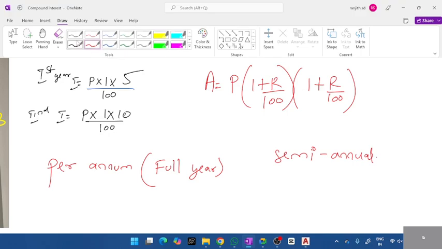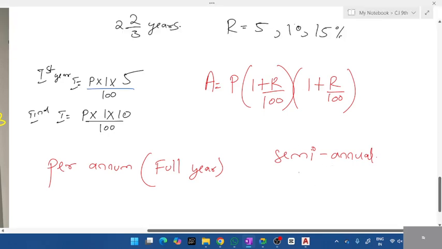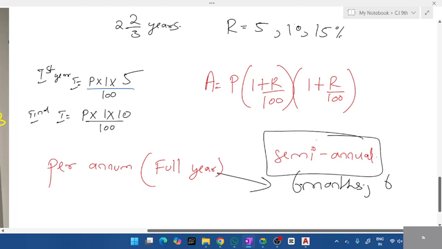So what do you mean by semi-annual? It is only 6 months. How many half years do we have in a full year? We have 2 half years, right? So in one full year, students, you'll have two 6-month periods, one 6 months and the other 6 months. We call it semi-annual.